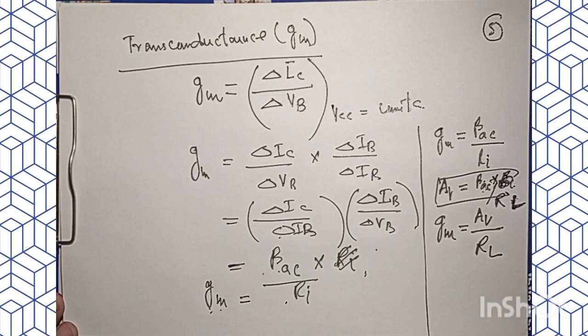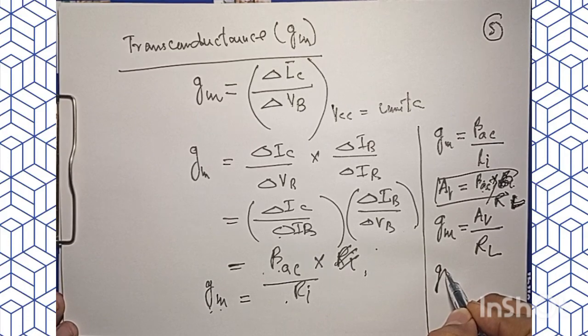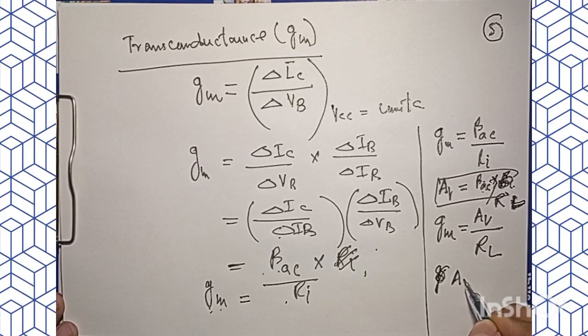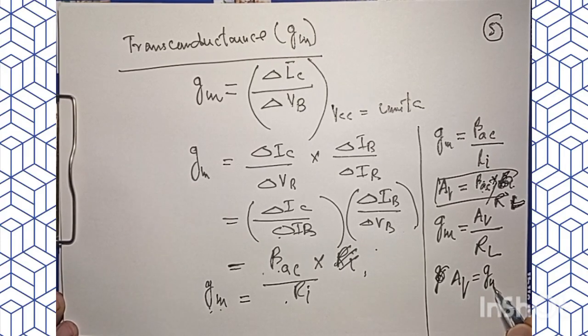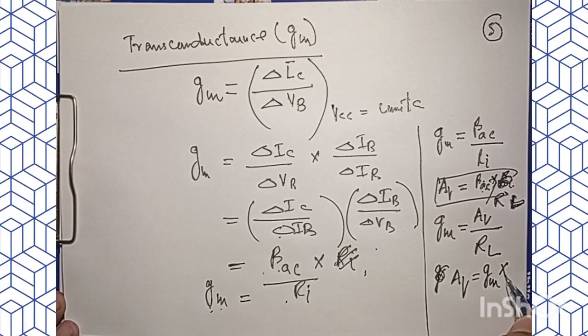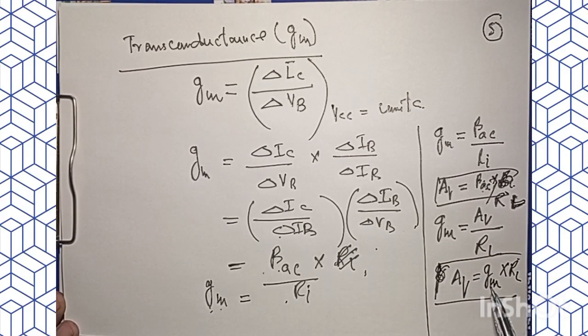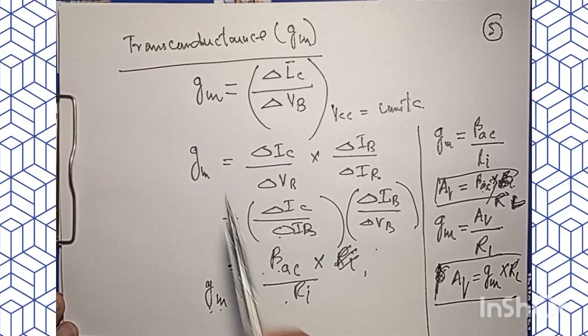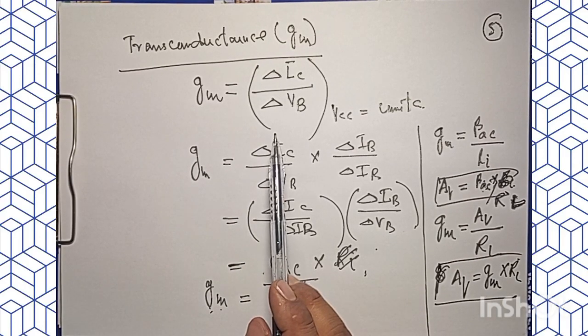Sorry. All right, so finally we will come to get this AV. If I want to write AV in terms of GM, that will be transconductance times RL. So this will be the voltage gain, and we can write this voltage gain in terms of transconductance of this transistor in common emitter configuration.